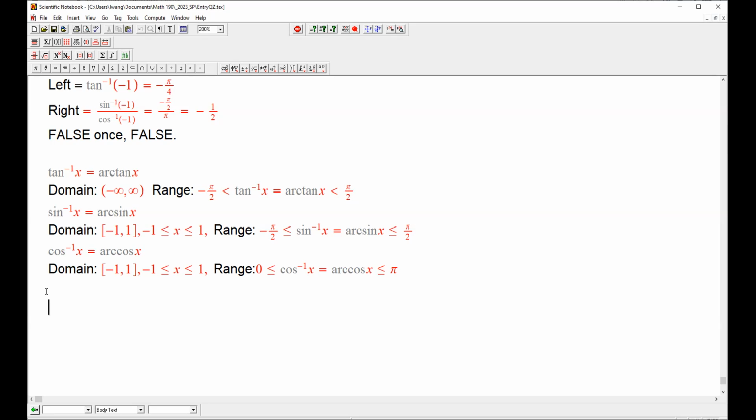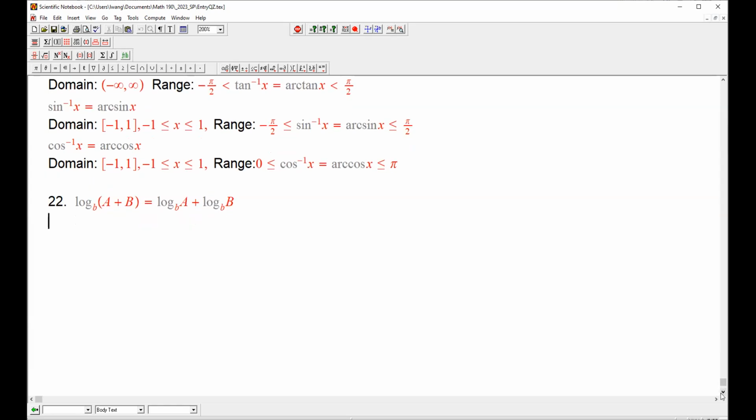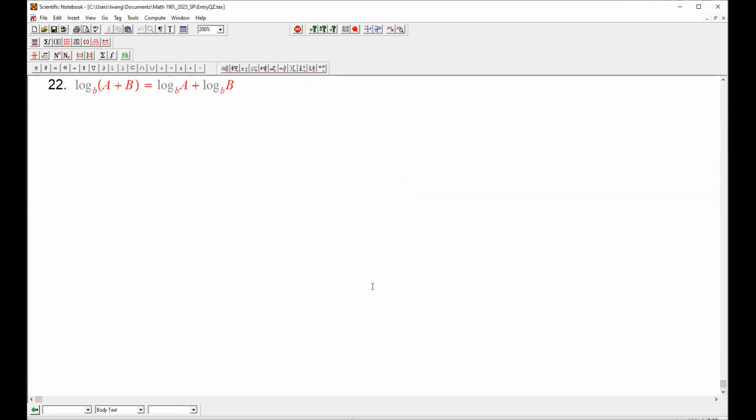Logarithm is actually the place where we see a lot of mistakes. Number 22: log base b of A plus B equals log base b of A plus log base b of capital B. I'm going to talk about 22 and 23 together.